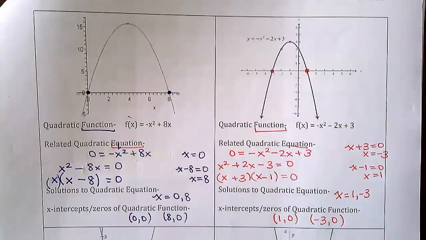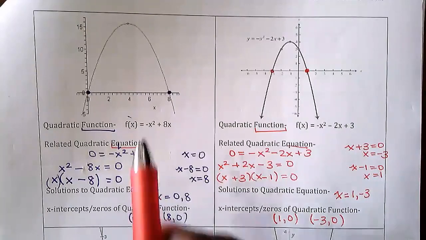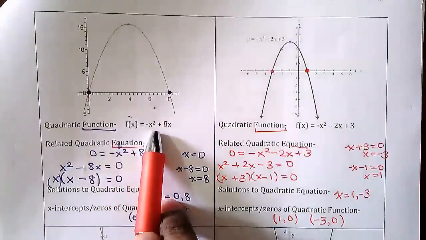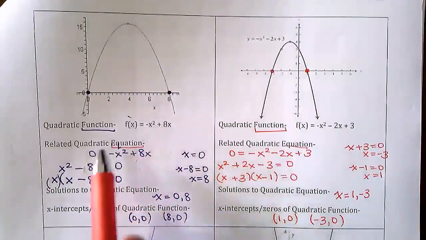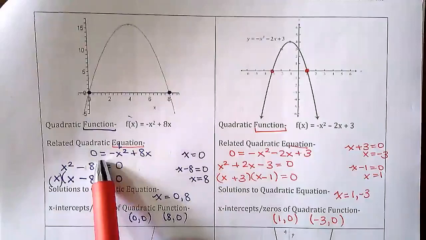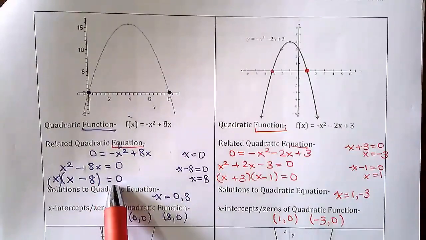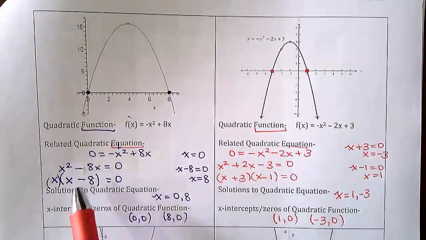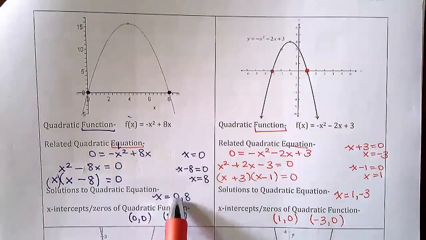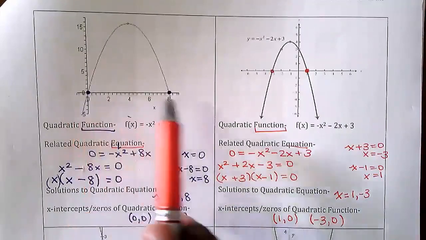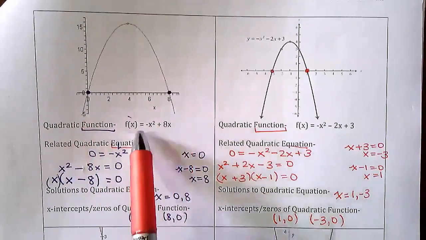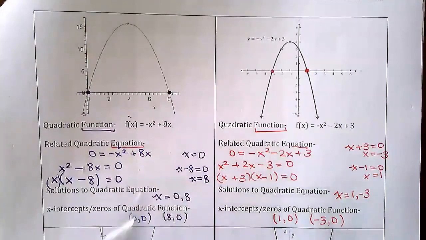I'm going to tell you what this pattern is. So again, we had a quadratic function. When we converted the quadratic function to a related quadratic equation and then solved for it, the solutions of the quadratic equation happen to be the same as the x-intercepts, or the zeros, of the quadratic function. Again, there's a lot of terminology happening here.